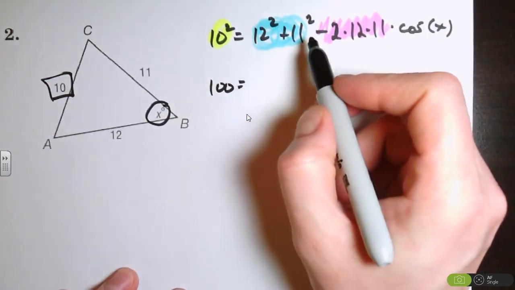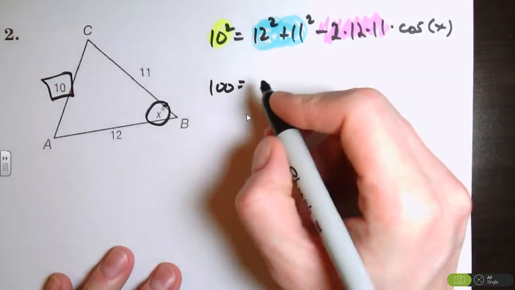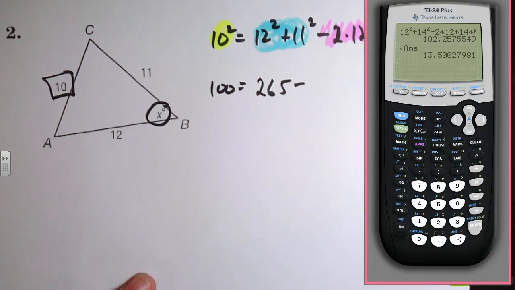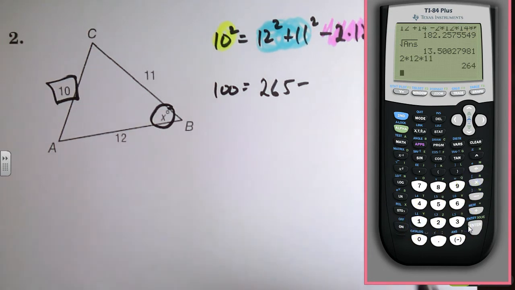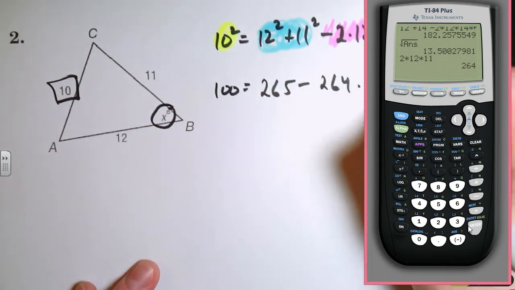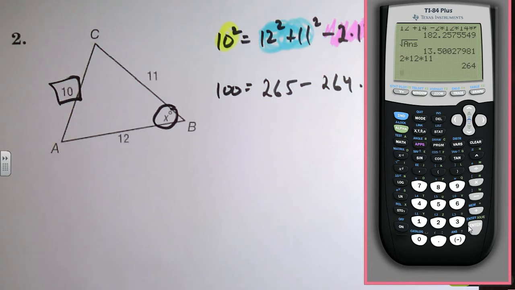This is 144 plus 121, so that'll be 265. And then 2 times 12 times 11, I don't want to mess with that in my head. I'll just make a mistake on that one. 264. Okay. Times the cosine of x.